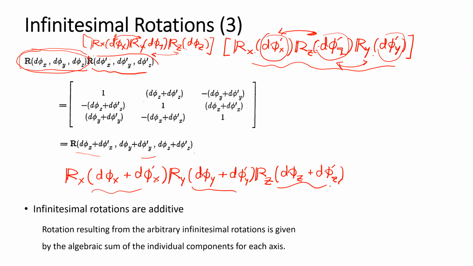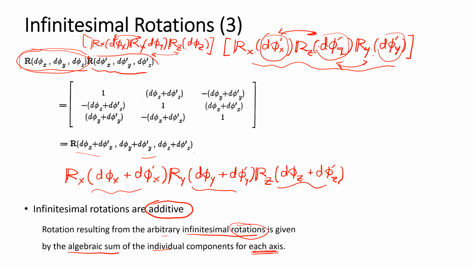What this proves is that for infinitesimal rotation, we have one property named additive property. So the rotation resulting from arbitrary infinitesimal rotation is given by the algebraic sum of the individual components for each axis.